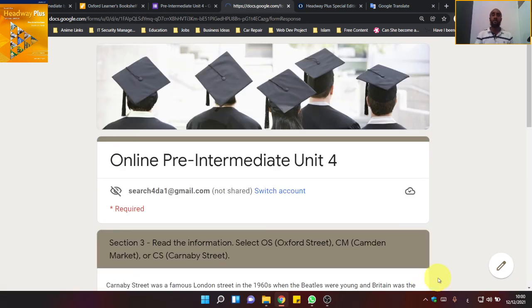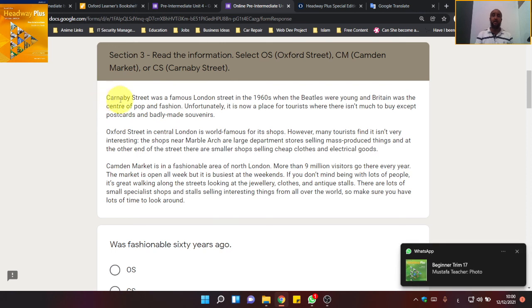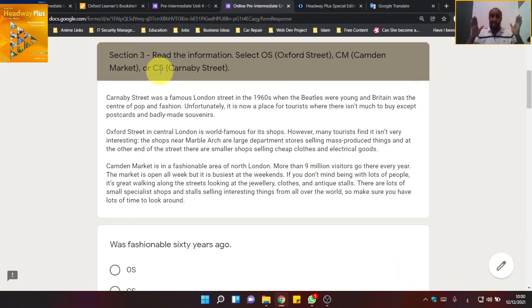The last section is going to be quite easy. You have 3 paragraphs, and each paragraph in section 3 is talking about a place. So the first one here is talking about Carnaby Street. I'm going to use the abbreviation CS.